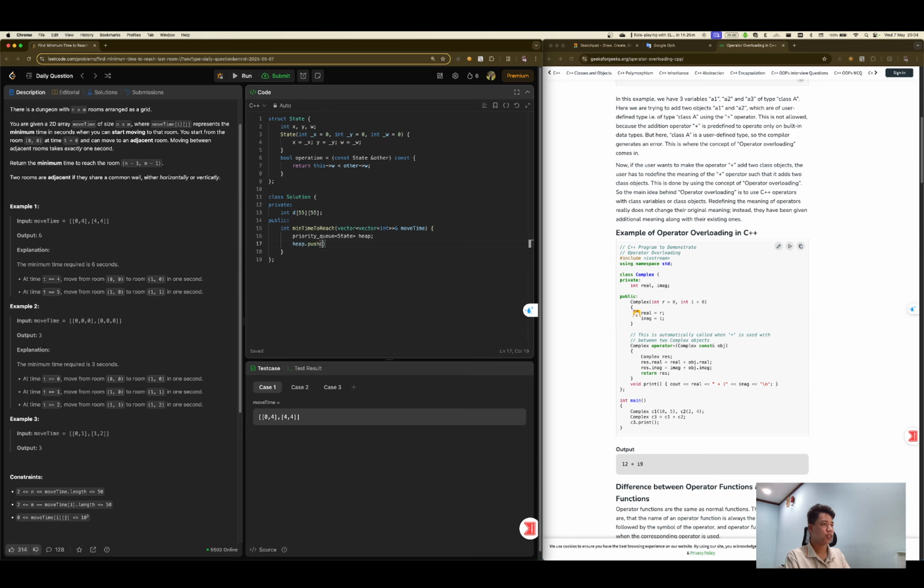We need to push the state 0, 0 and t equal to 0. This is t, okay.